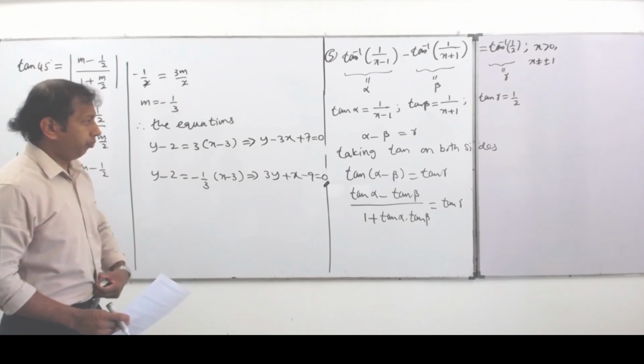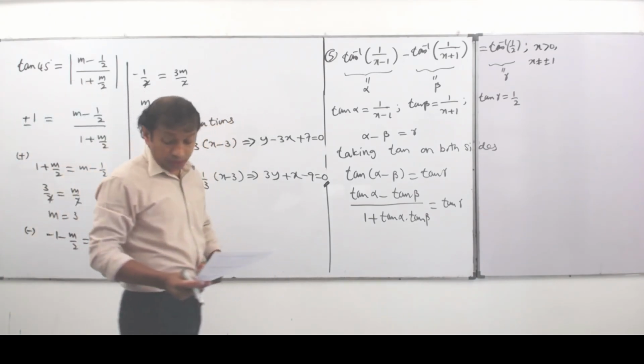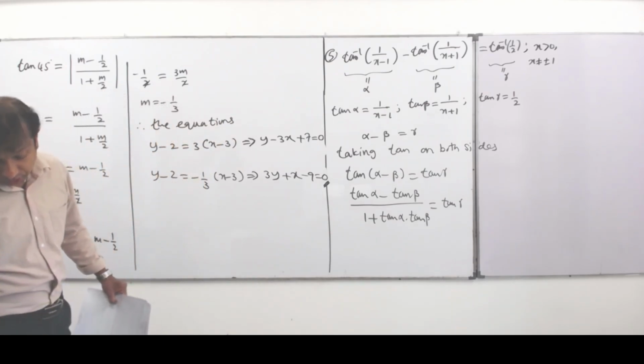Right. Then substitute for tan alpha, tan beta and tan gamma, and simplify this.